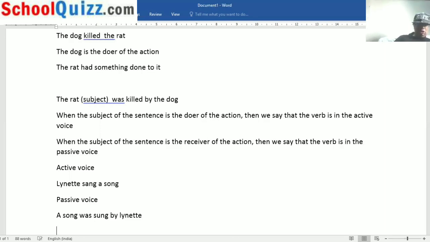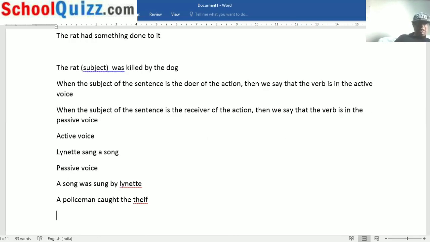Another example, a policeman caught the thief. Now, policeman is the doer of the action of catching, and thief is the receiver of the action of catching, right?